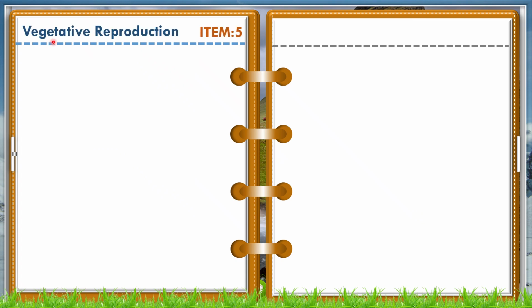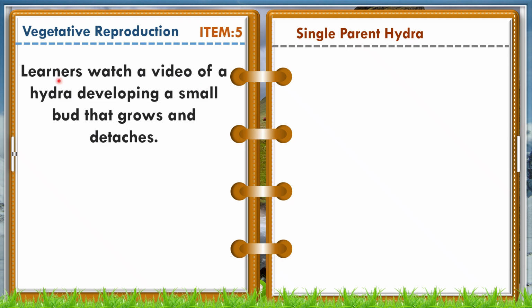Let's now look at vegetative reproduction, item 5. We are going to look at a single parent hydra. Learners watch a video of a hydra developing a small bud that grows and detaches.